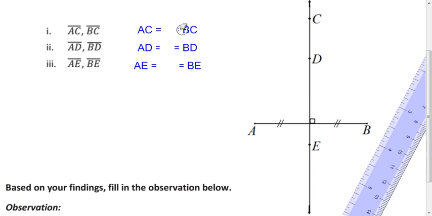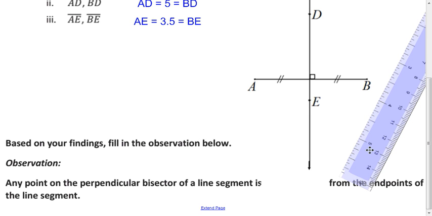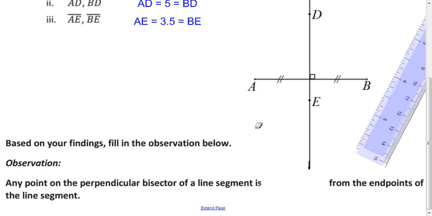I don't know, let's check some more. Well, if we check A, D, and B, D, we get 5 for each, and A, E, and B, E, we get 3.5. And while it's not proof of it, the observation here is correct. It ends up that any point is going to be equidistant from the endpoints of that line segment. So that's a very important fact of perpendicular bisectors.